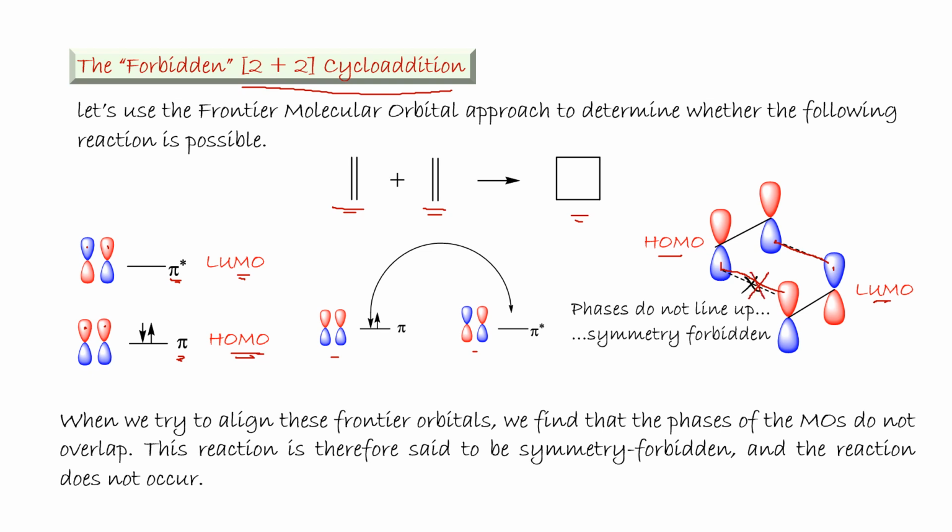Faces do not line up, symmetry forbidden. When we try to align these frontier orbitals, we find that the faces of the molecular orbitals do not overlap. This reaction is therefore symmetry forbidden, and the reaction does not occur under thermal conditions.